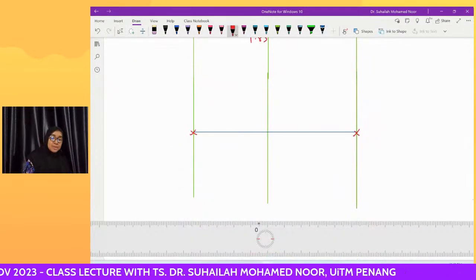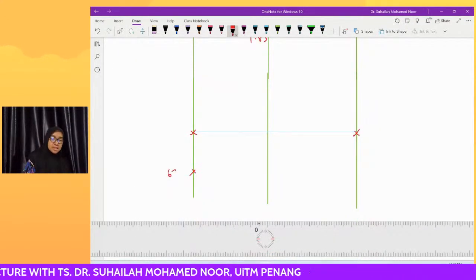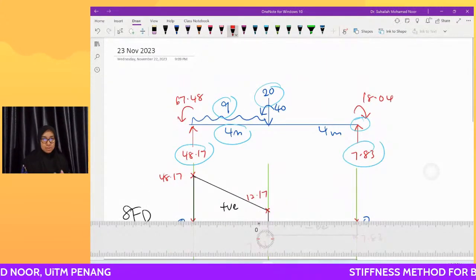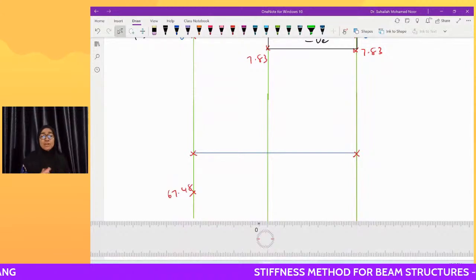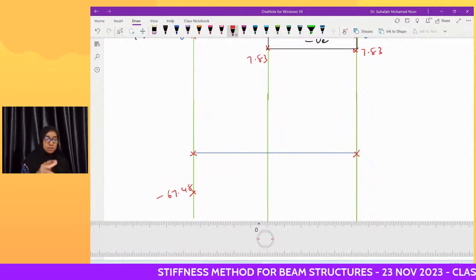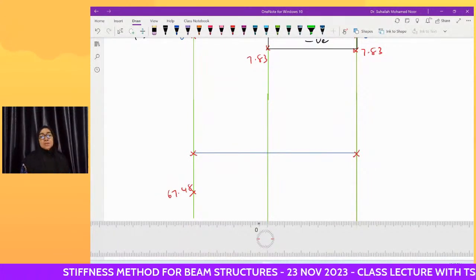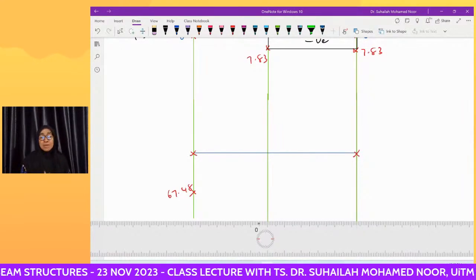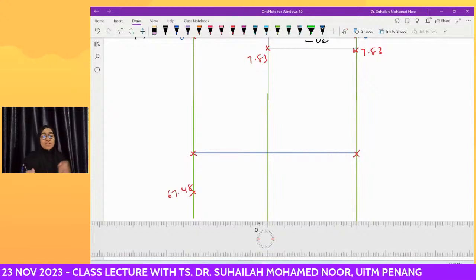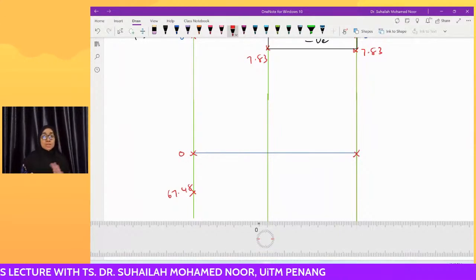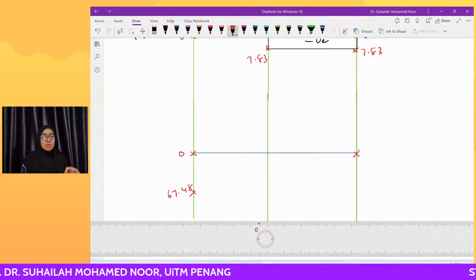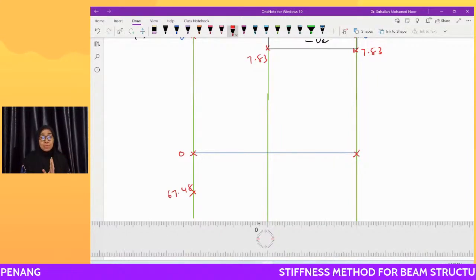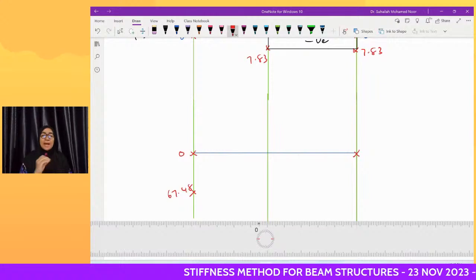In the diagram you just put the value, 67.48, as the second value, because the first value is 0.